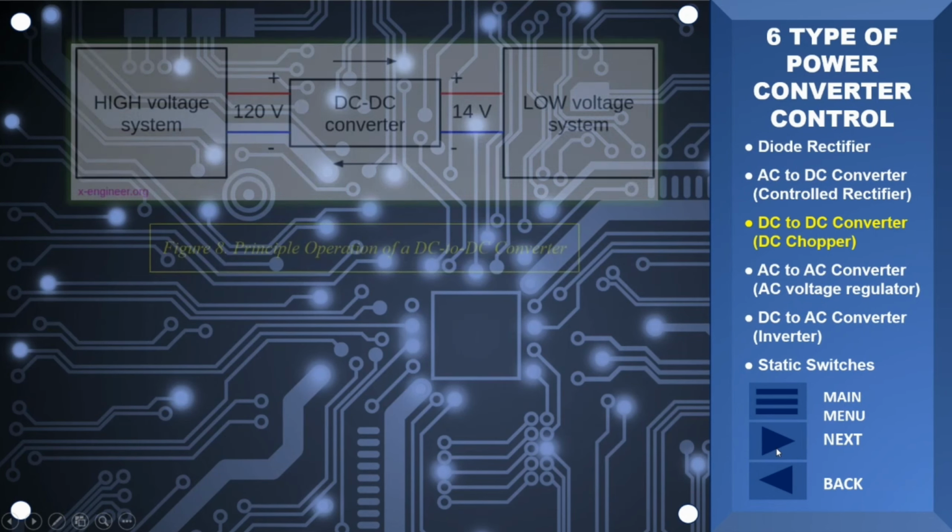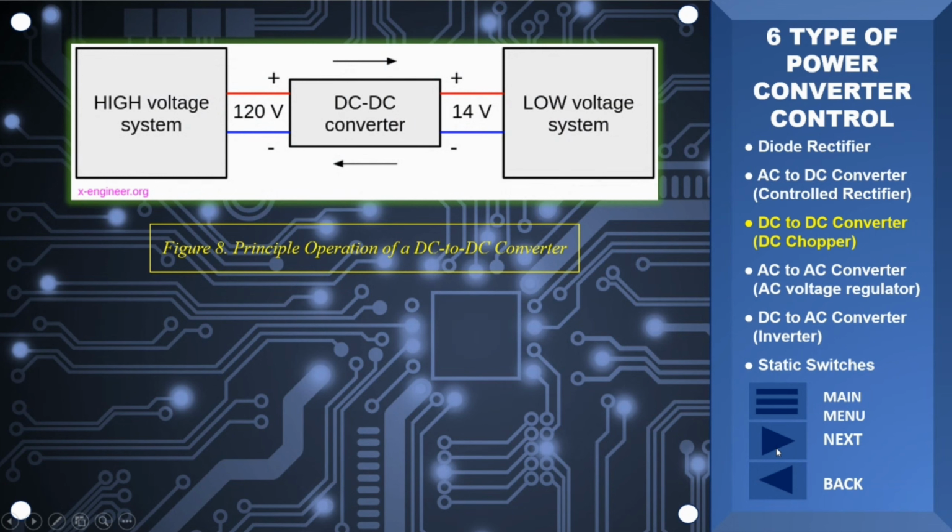As Figure 8 shows, principal operation of a DC to DC converter. If we have two electrical systems operating at different voltage levels, one high level 120 volts and another low level 12 volts, a DC to DC converter can convert voltage between them from high to low or low to high.